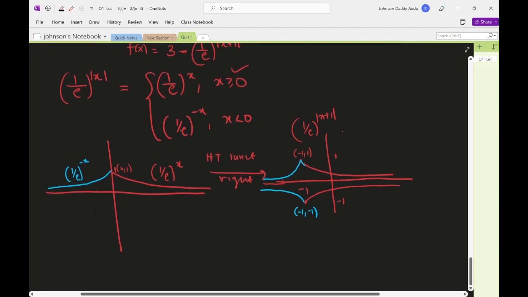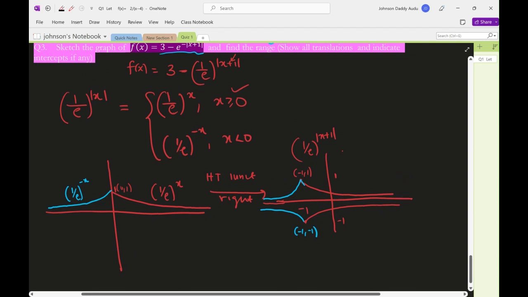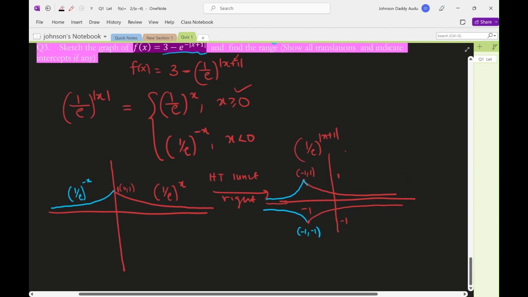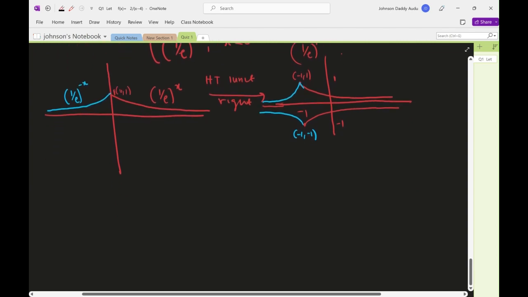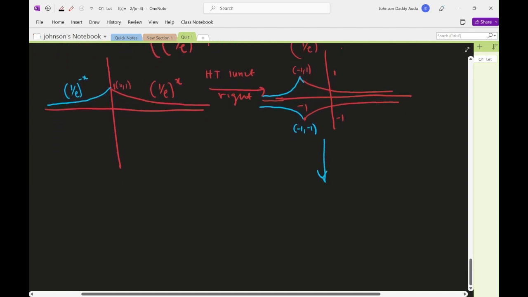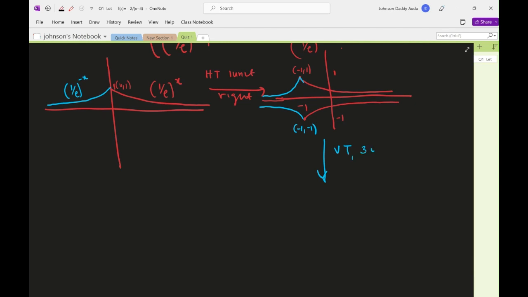Okay, so we have one more step to do. And what is that step? We have to do a vertical translation 3 units up. So let's do that here with this arrow here. So now we have to go vertical translation 3 units up. So that means we will have something like this.